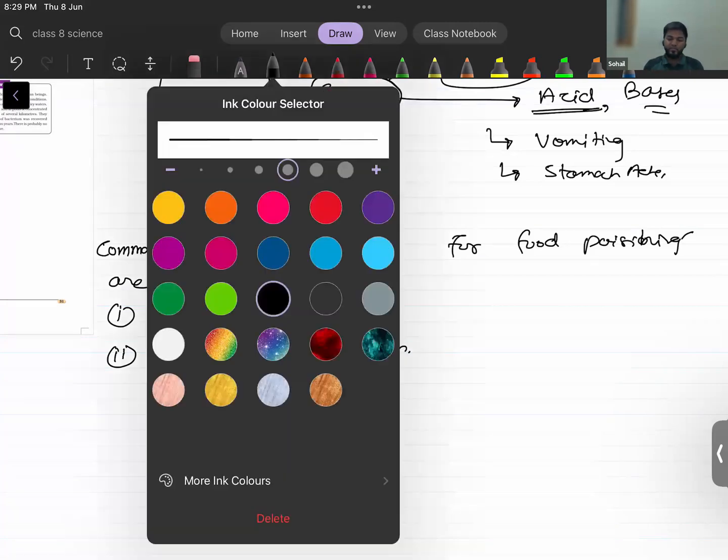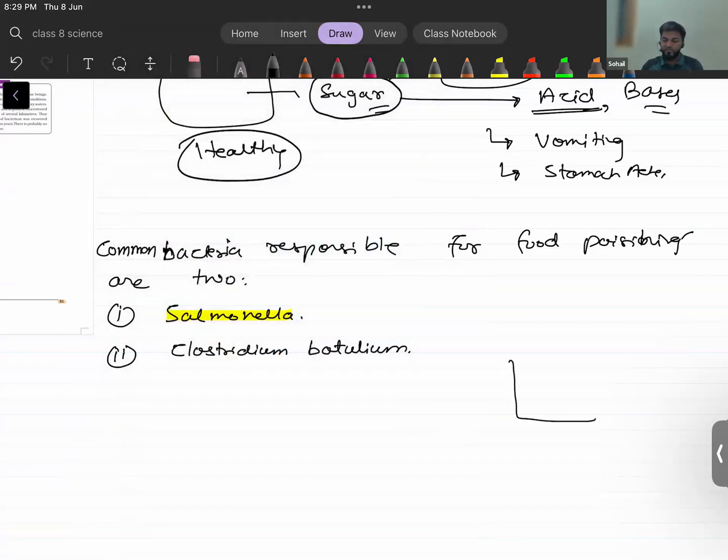Let's say this is a jar in which I have kept some food. Okay. And above the food, I poured in some oil. So is the food in contact with air above it? Is this food in contact with the air?